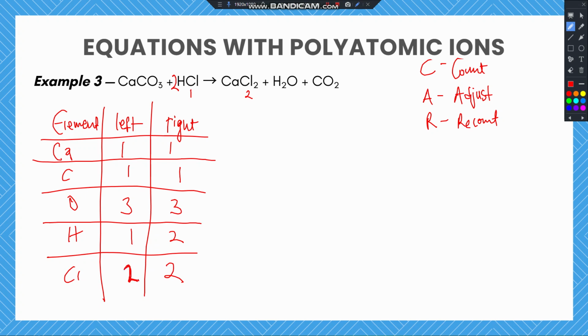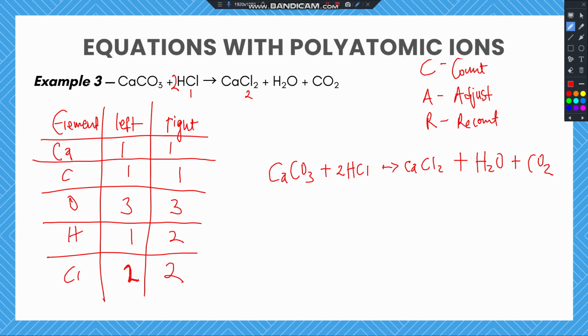So this is what the equation becomes: CaCO₃ plus 2HCl yielding CaCl₂ plus H2O plus CO₂. Can you see how this is playing out? Pretty easy. Now, the next thing to do would be to recount.